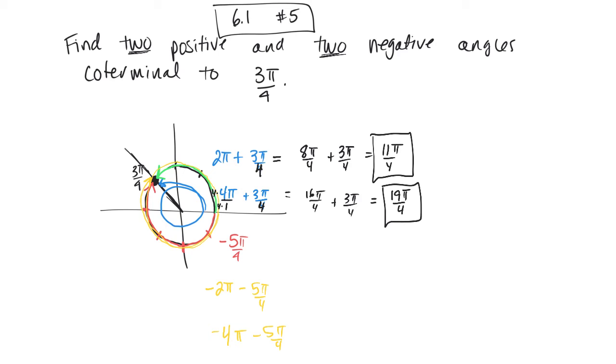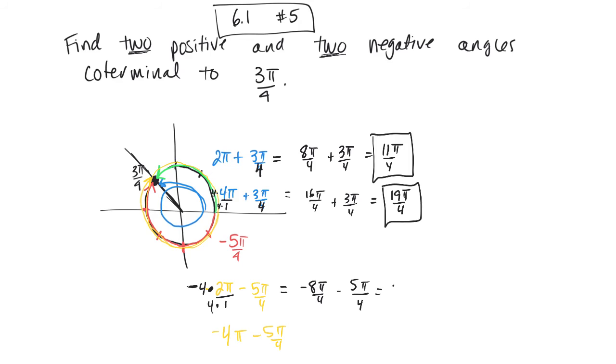Okay, and then this way, here, I'm going backwards around the circle an entire time. Get a common denominator. Let's see, get fourths, that was negative. So it'd be negative 8 pi over 4, getting my common denominator. Then I come join you, come back to negative 5 pi over 4.